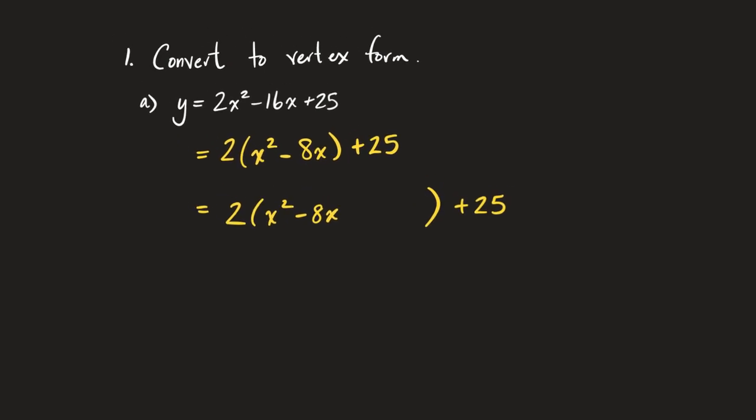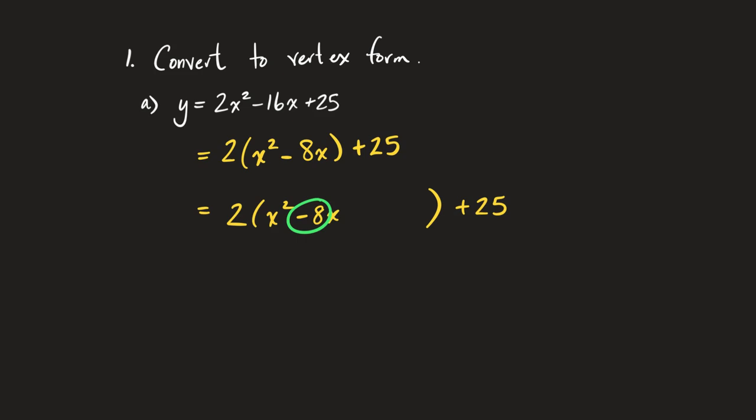I can take the coefficient on my single x term, that -8, and go through a little process with it. Since this is going to be a perfect square in there, two of the same thing had to come together to give me -8. So I'm going to divide that by 2. That gives me a -4 value.